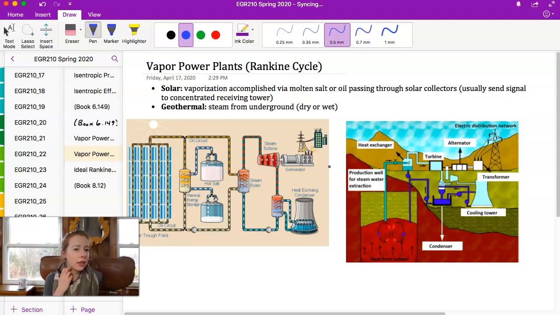And so depending on where you are globally, in some locations like the Geysers in California, a geothermal power plant, there's the geothermal gradient, and that's the increase in temperature of the bedrock as you move deeper and deeper into Earth.